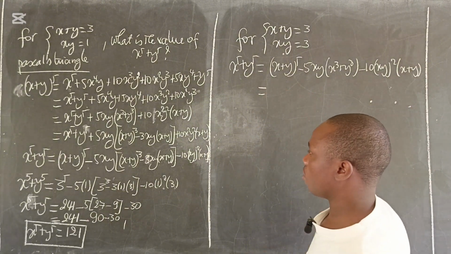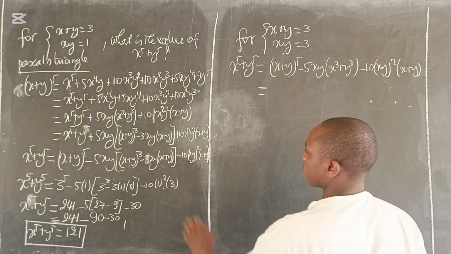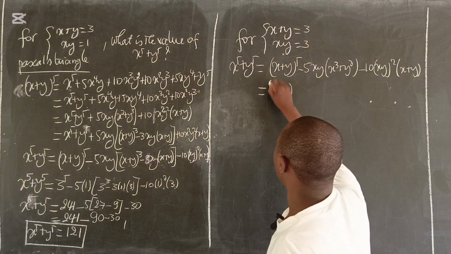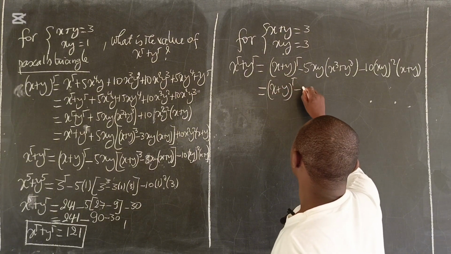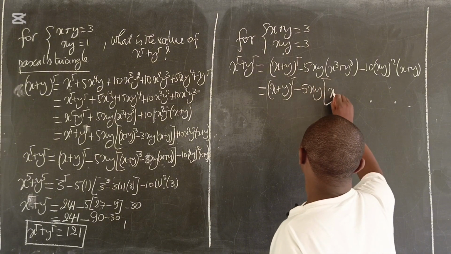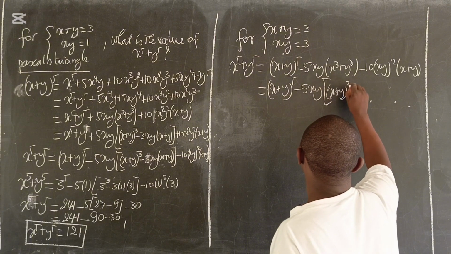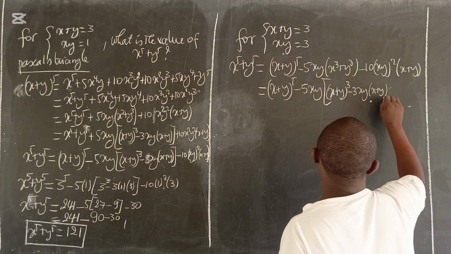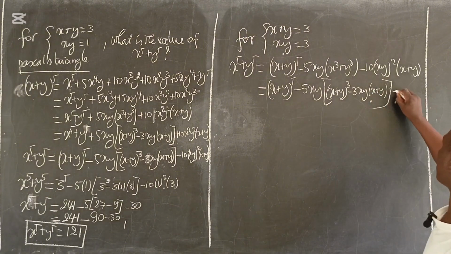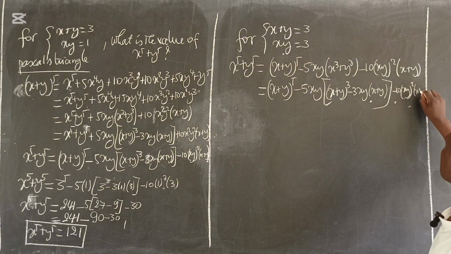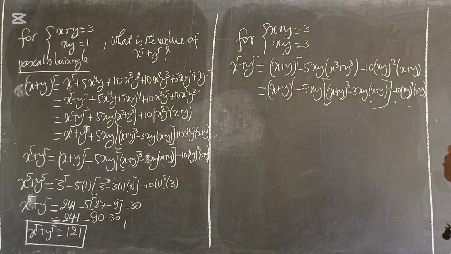We saw this was equal to (x plus y) power 5 minus 5xy into (x plus y) power 3 minus 3xy into (x plus y) minus 10 (xy) power 2 into (x plus y).